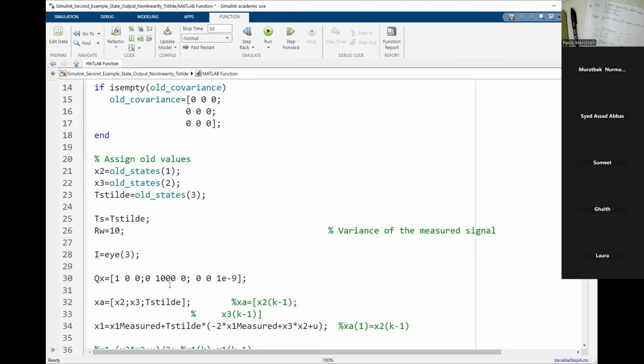We can see that we have now in a matrix QX 3 times 3. I put this very small covariance or the variance variable for Ts tilde.